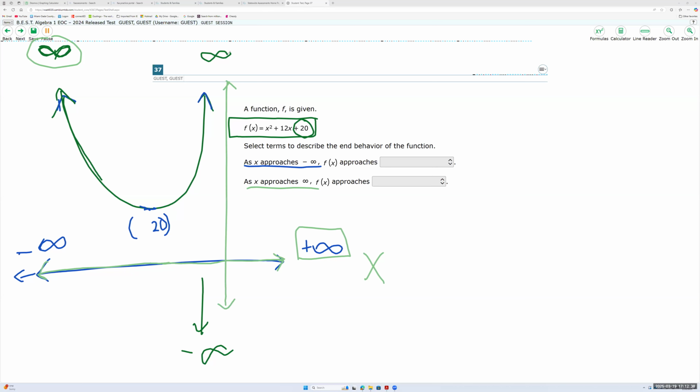The point is what happens as we go in this direction: this parabola is going up, eventually it's going to cross on the positive side of x, but either way it's infinitely going up on the right side and infinitely going up on the left side. So as x approaches both infinities, the parabola is going up both ways. So it approaches positive infinity for both.